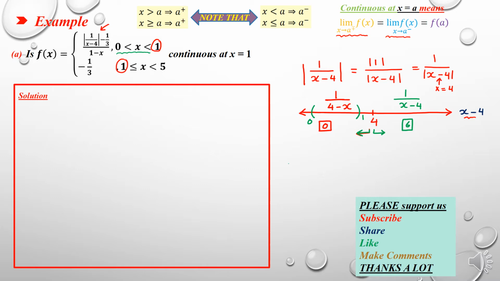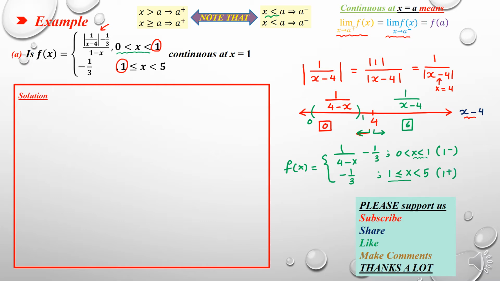So the function will be f of x equals 1 over 4 minus x minus 1 over 3 when 0 is less than x less than 1, and negative 1 over 3 when x is greater than or equal to 1 and less than 5. Now as you know, when we have x less than 1, this means 1 from left, and x greater than or equal to 1 means 1 from right.